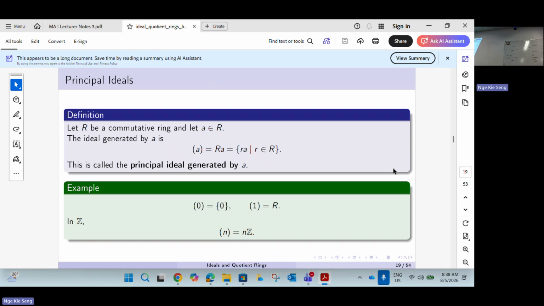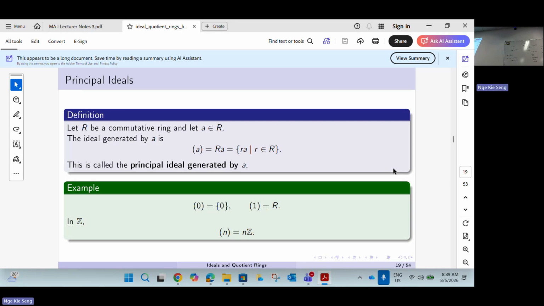The principal ideal is defined like this. The bracket a is the set of all r times a. In other words, a principal ideal is generated by an element. Here is an example.